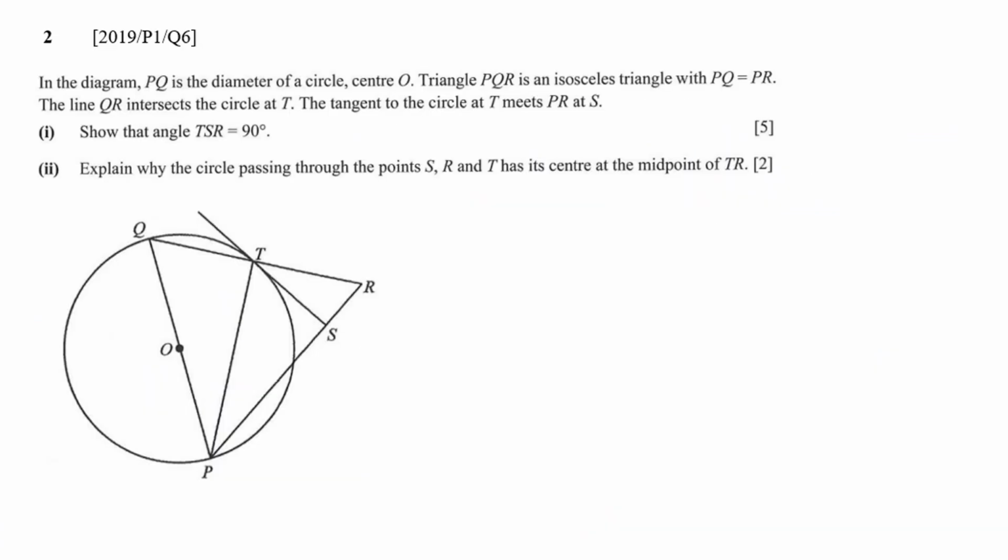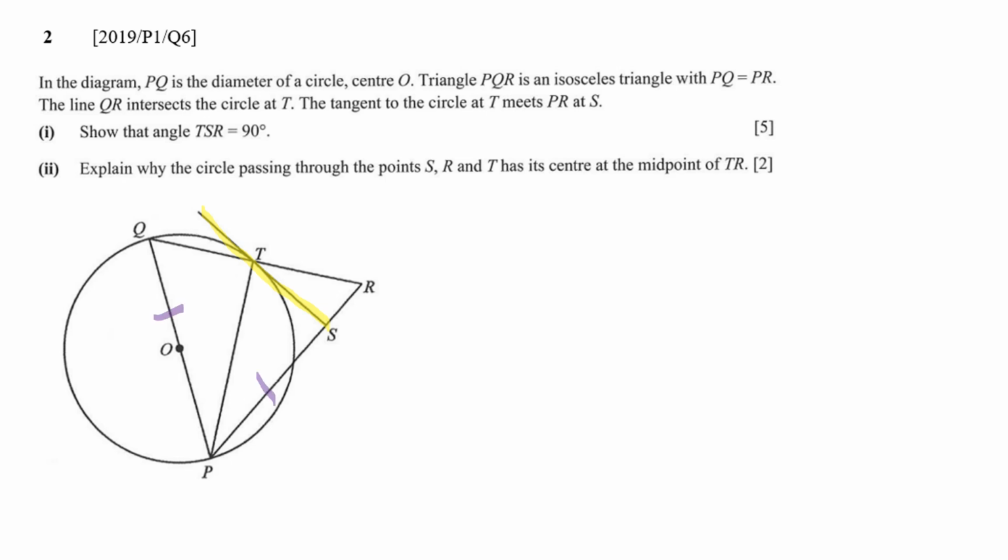Right, let's look at the next question. The next question we're given is a circle with a tangent line. A tangent to the circle at T meets PR at S. So this is my tangent line. And we're given PQ equals PR.